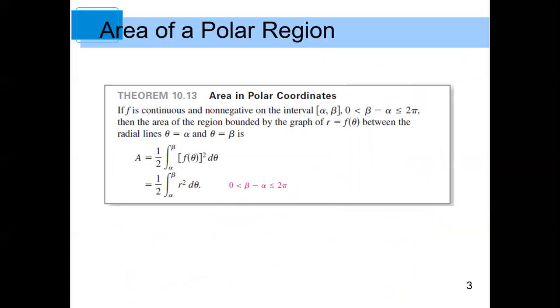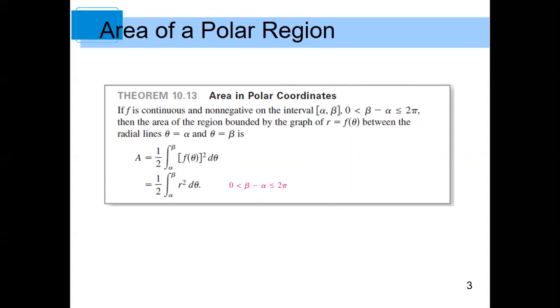If you have a region that's bounded by two angles, alpha and beta, both of those rays at an angle of alpha and an angle of beta emanating from the origin, and then you have a curve given by polar coordinates, r equal to some function of theta, then the area bounded by that polar region is given by that formula we just came up with: 1/2 r squared d theta, and you just integrate from alpha to beta.